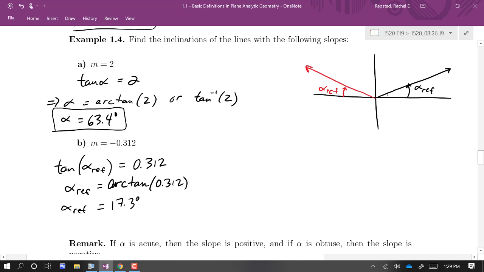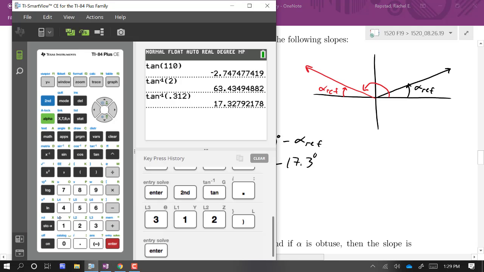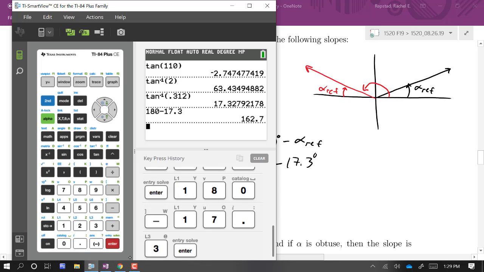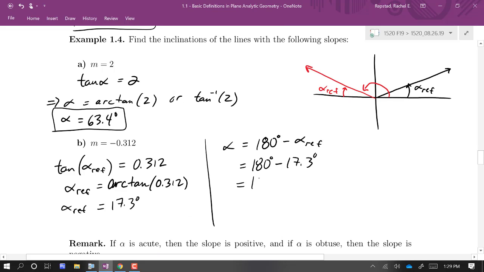So if what I want is this angle, all I'm going to do is subtract that from 180. That gives 162.7.